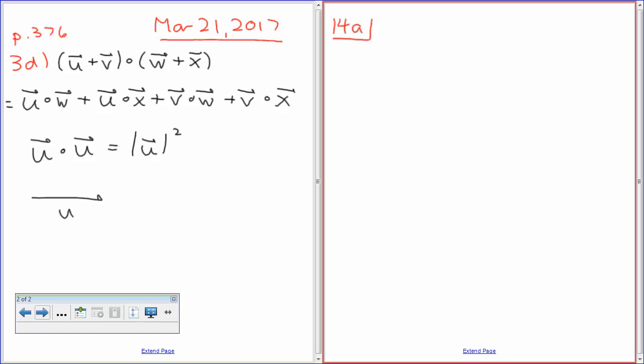So 14a says, if a and b are non-zero, a dot b equals 0 if a is perpendicular to b.